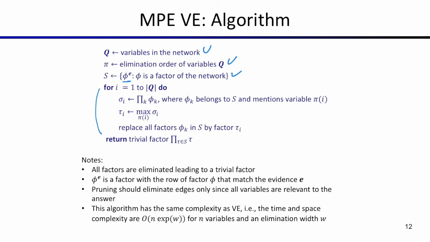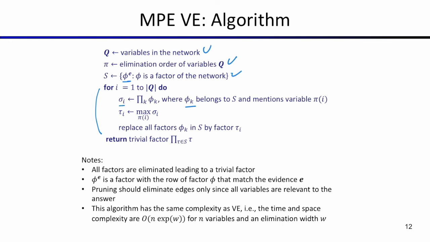First, we multiply all the factors, which we call phi k, that belong to S and mention the variable pi i. For instance, in the first iteration of this loop, we take the first variable, take all the factors that mention it, and multiply them together. We call this sigma i.